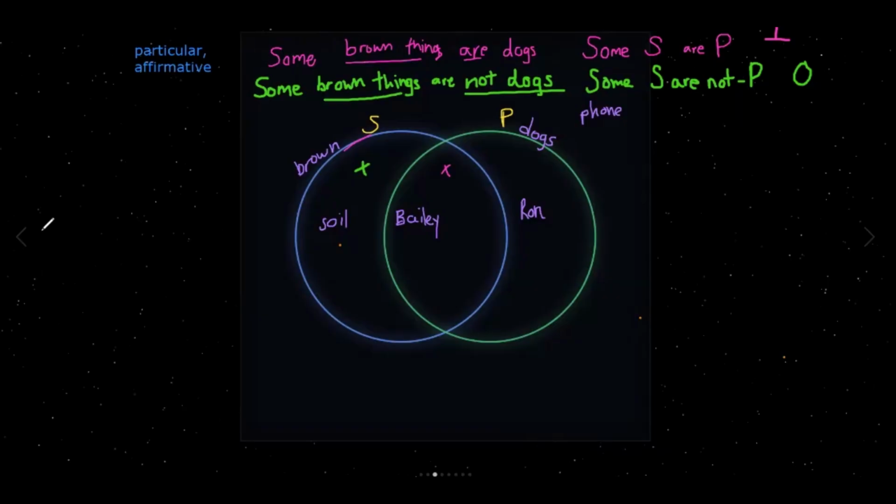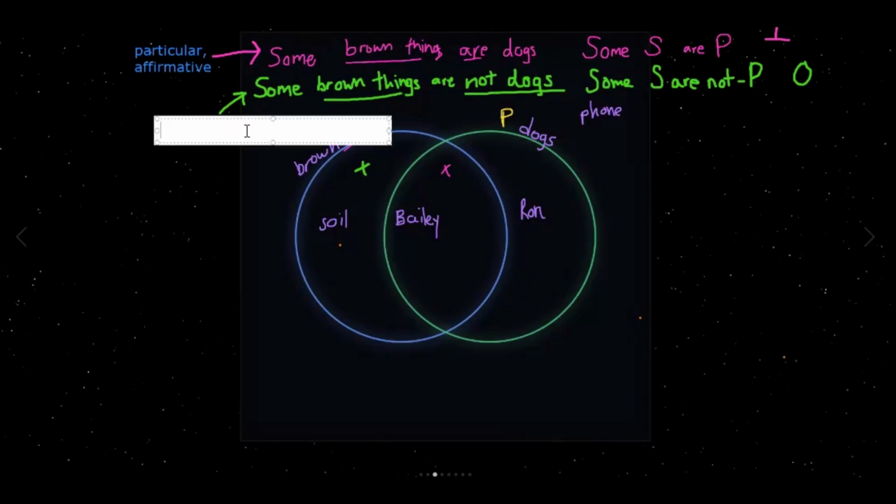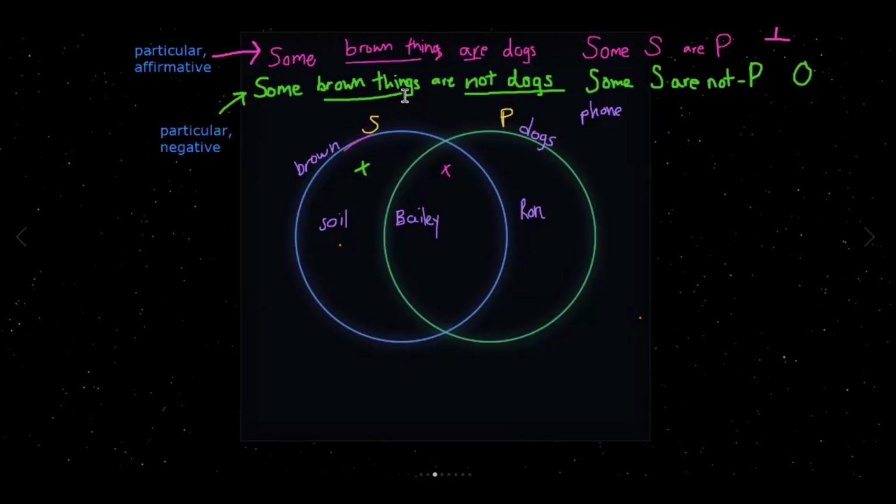Our O claim is also particular. Yes, it is also particular. But this time it's negative because of this not. Some brown things are not dogs.